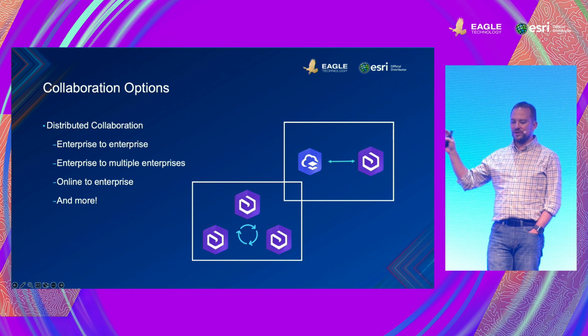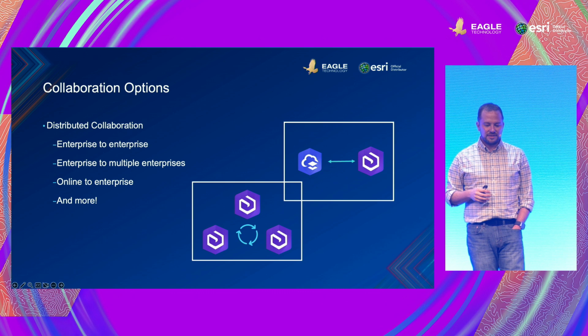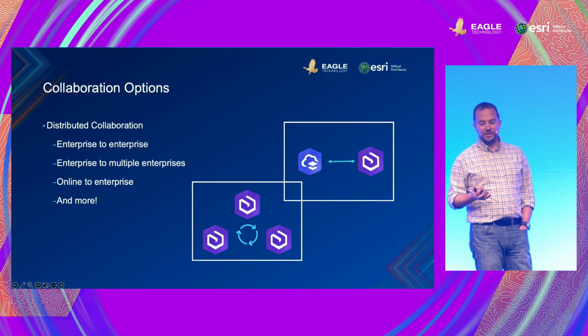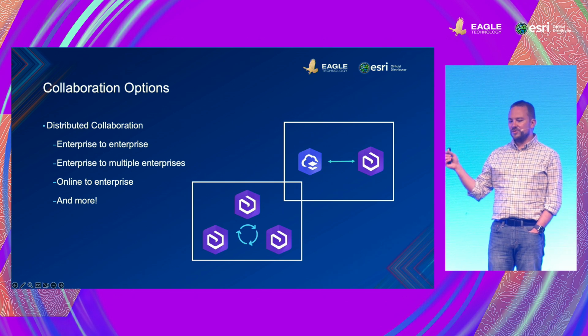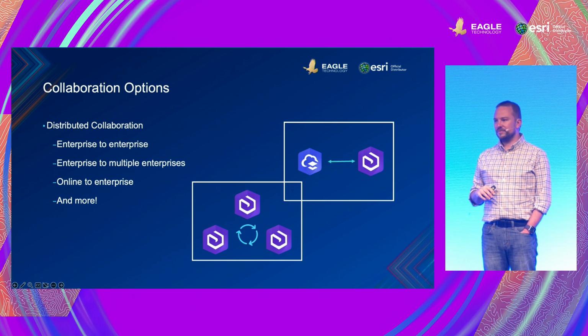If you haven't heard of this before, I'm not going to go too deep into it here, but I did want to just make sure that you were aware of some of these capabilities to use what we call distributed collaboration, which is technology to make sure that you can take not just data and content, but even applications and share them between systems.